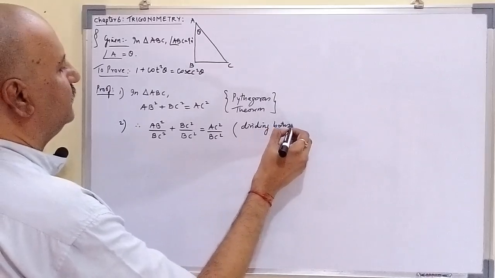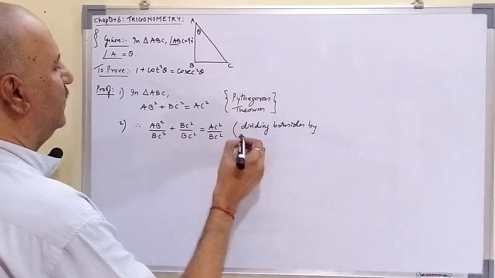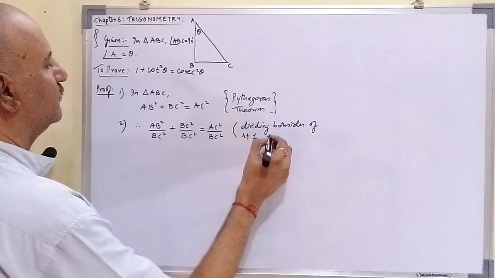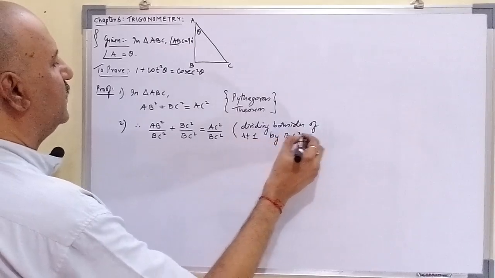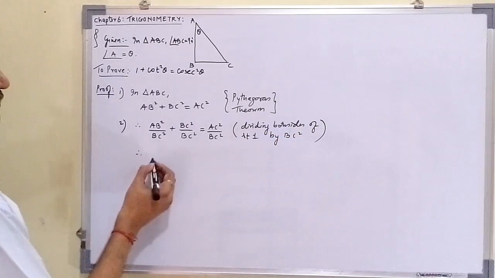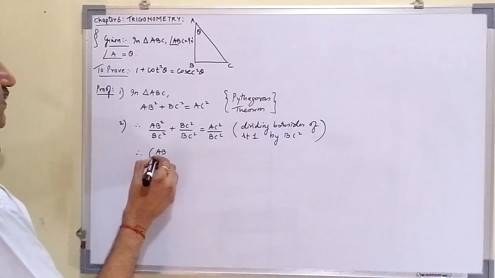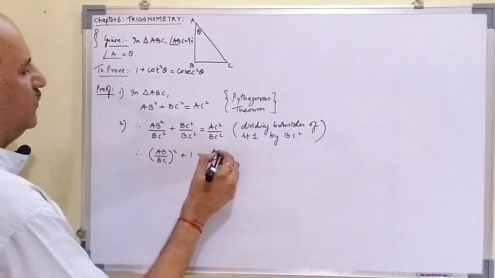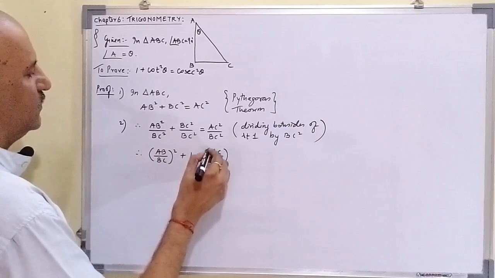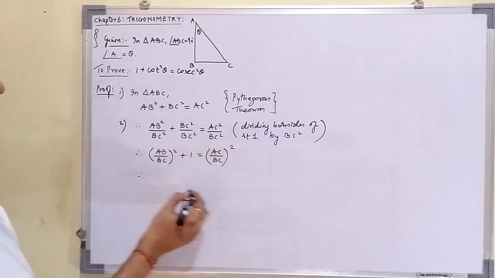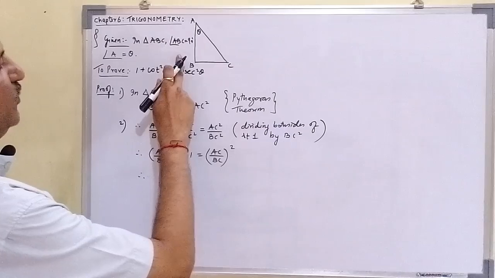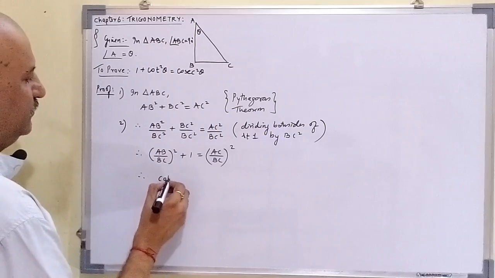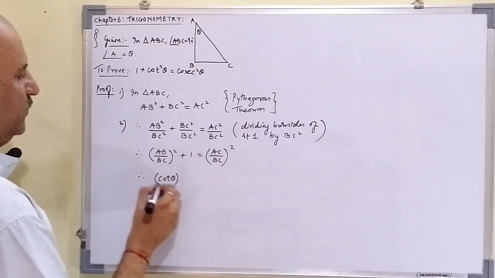Dividing both sides of statement 1 by BC square. Therefore ये होगा AB upon BC the whole square plus 1 equal to AC upon BC the whole square. What is adjacent upon opposite? This cot theta the whole square.